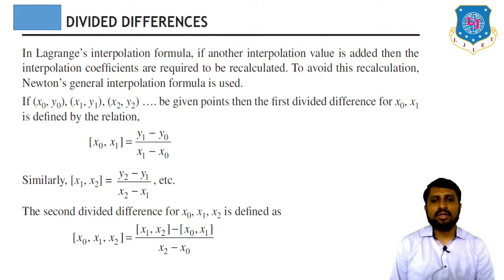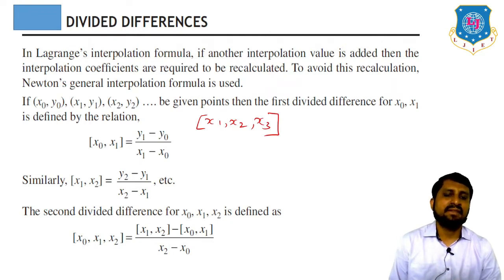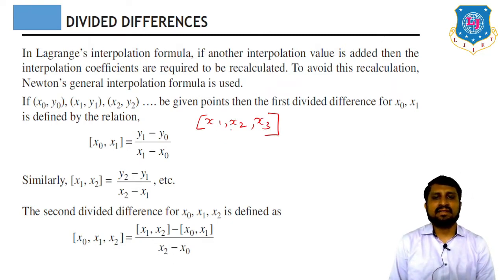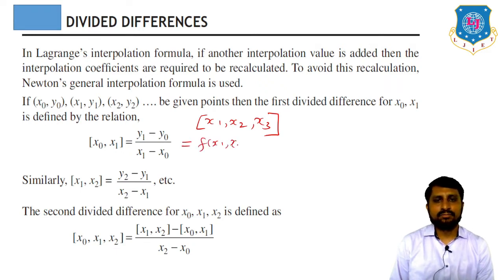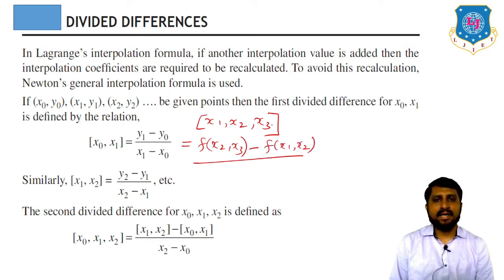Similarly, if you want to define the second divided difference on x1, x2, x3, I hope you all can understand how we define it. That can be written as f of x2, x3 minus f of x1, x2 divided by x3 minus x1.